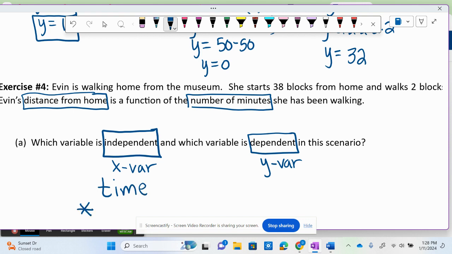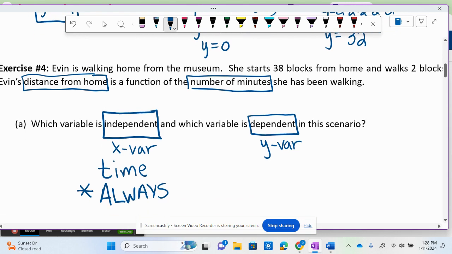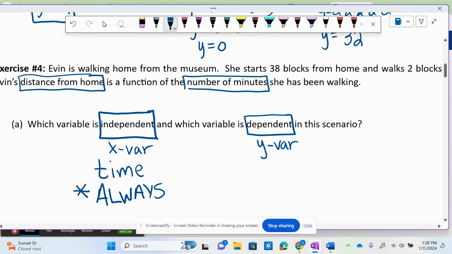And whenever you have an equation with time in it, time is always independent. So if you have a function of time, time is the independent variable. That's what I'm trying to tell you. The dependent variable is the distance, meaning how far she travels, or the distance depends on how long she's walking, right? Does that make sense?